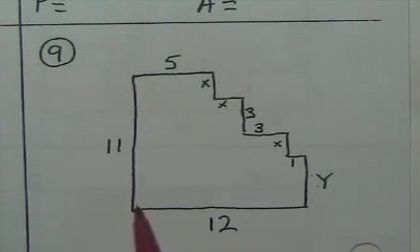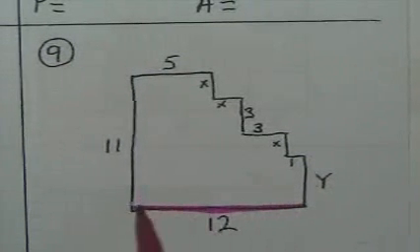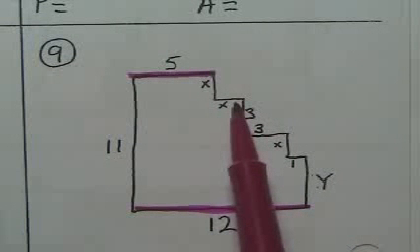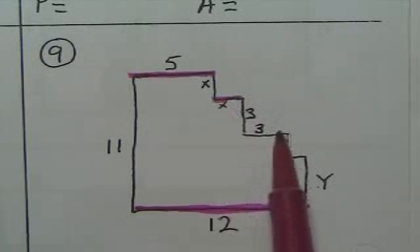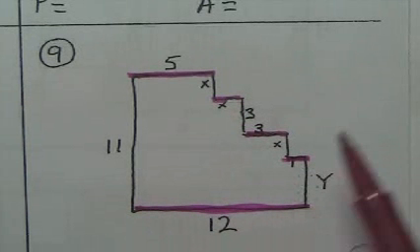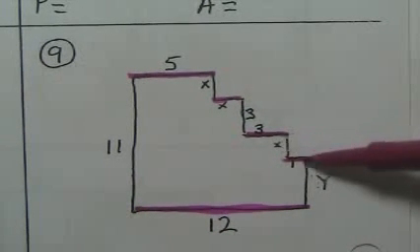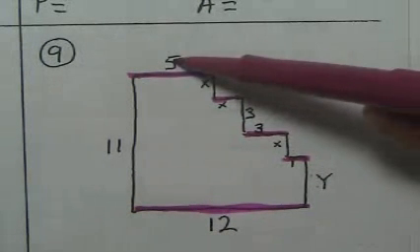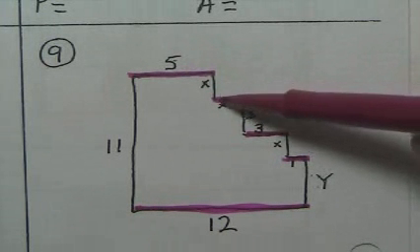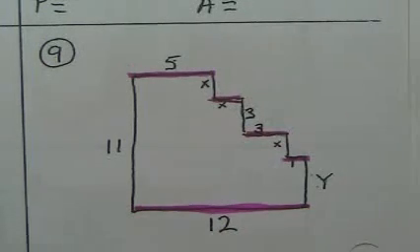Okay, the last one. The total distance across is 12. You have 5. This you don't know. You have 3, and you have 1. And they have to equal 12. So let's see. 3 and 1 makes 4, and 5 makes 9. So if that makes 9, how much must this be to make 12?